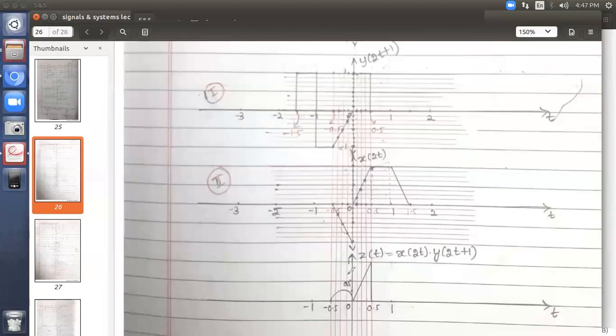Let me start from the leftmost side. See what is the amplitude here? No amplitude before minus 1.5. No amplitude here, so multiplication, no value here.